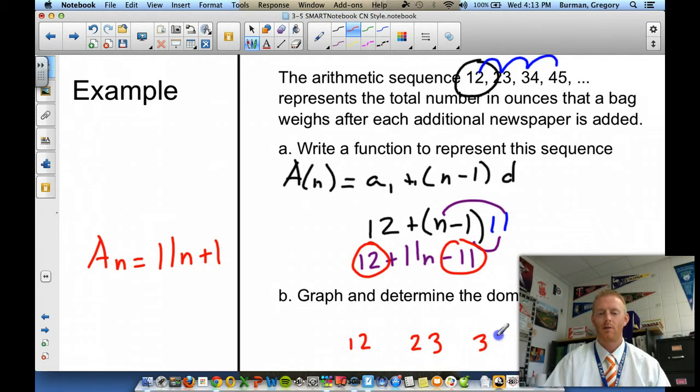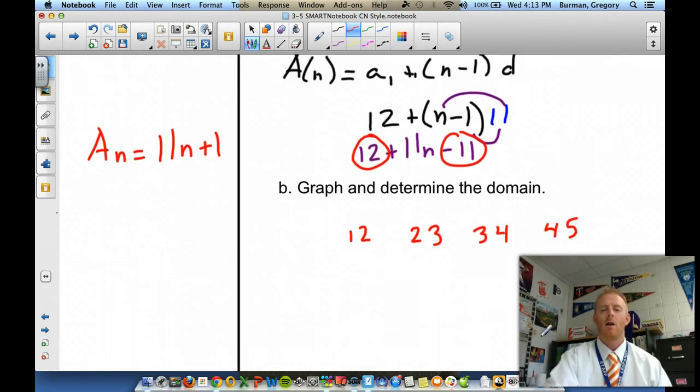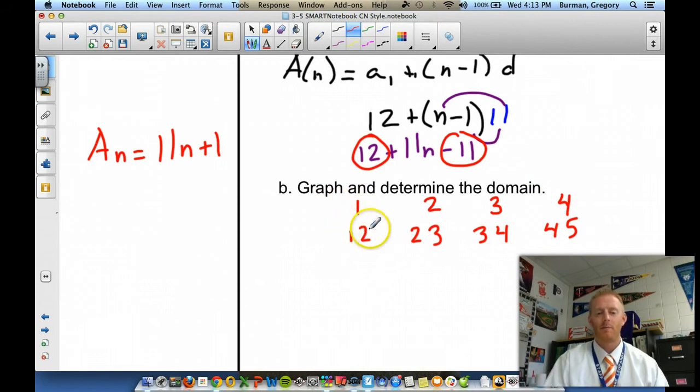23, 34, 45. Now what this is telling us is that we have our first term, our second term, our third term, and our fourth term. The number that is based off of the term is going to be our y values. The number that is our term is our x values.